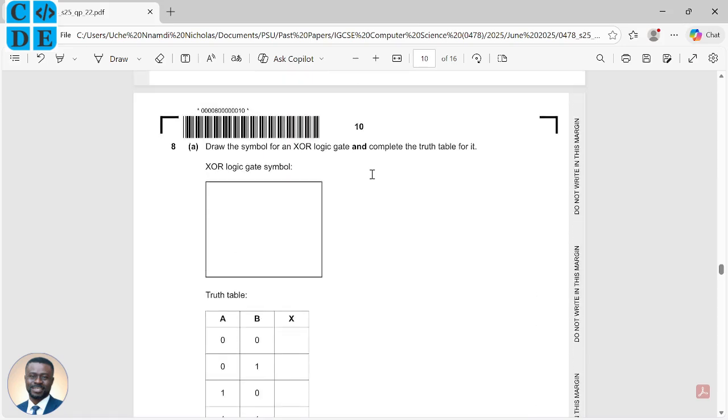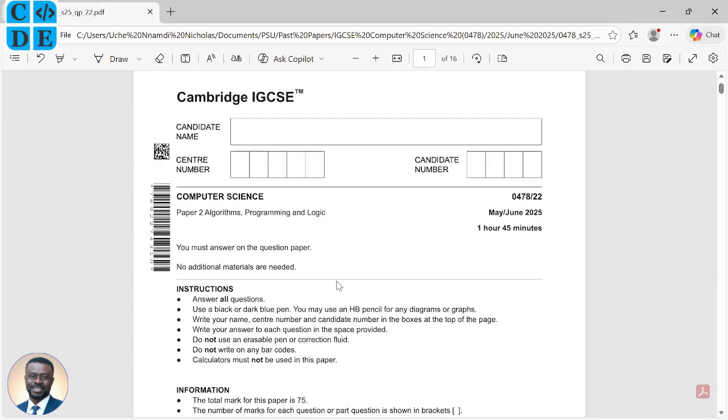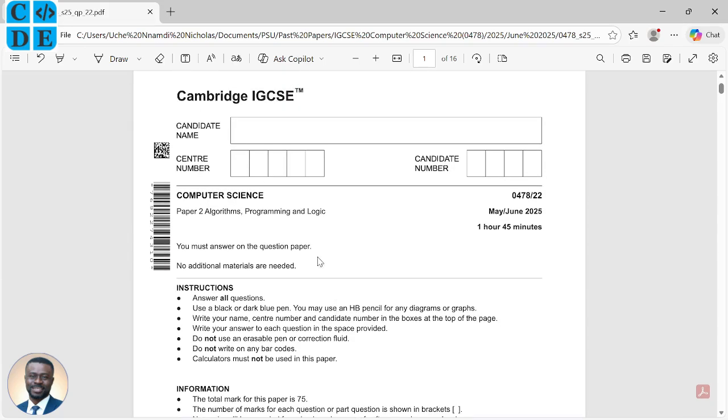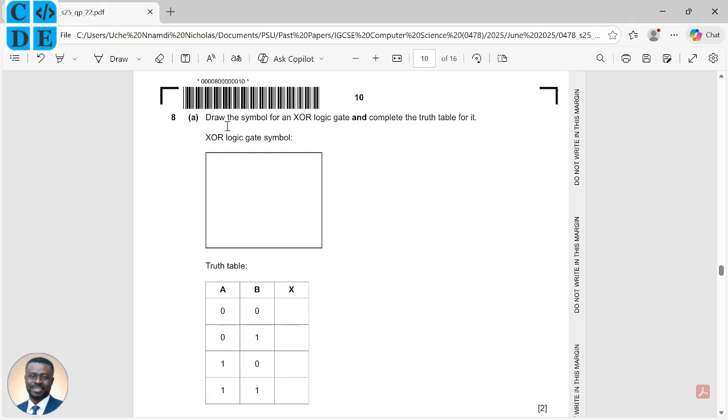So this is question number 8 of May-June 2025 computer science paper 2, that is the Cambridge IGCSE. Question 8a says draw the symbol for an exclusive OR logic gate and complete the truth table for it. So this is the space for the symbol.